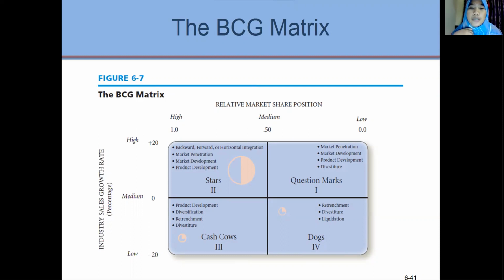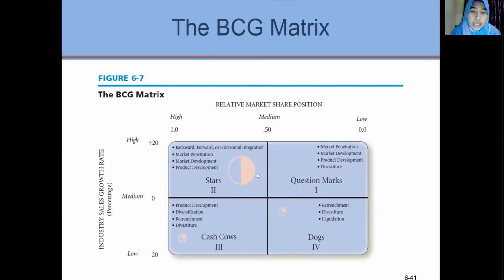Alright, so ada 4 quadrant there. So each of the circle represent one division in the company itself, dan besar mana circle ni represent how much contribution of the division to the company's sale.